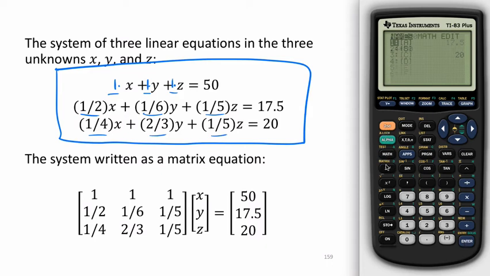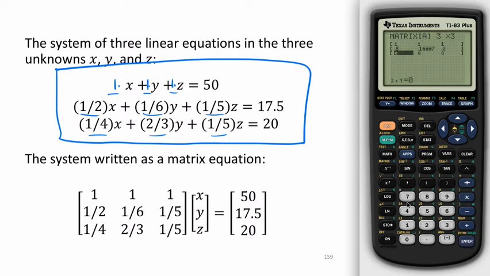Let's put that into our calculator. It's a 3 by 3. The first row is 1, 1, 1. The second row is 1/2, 1/6, and 1/5.